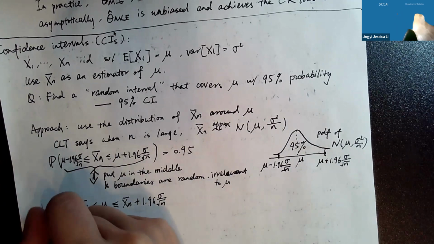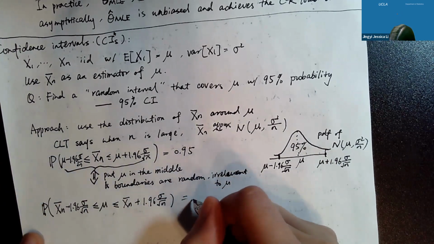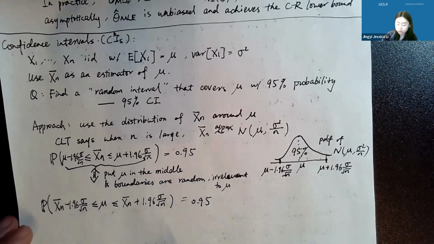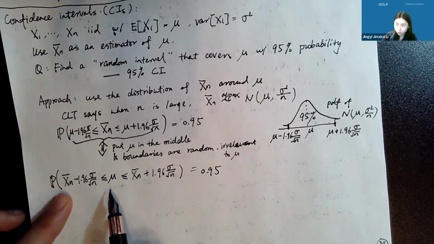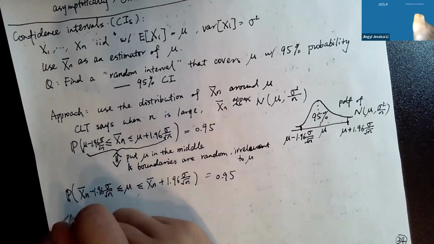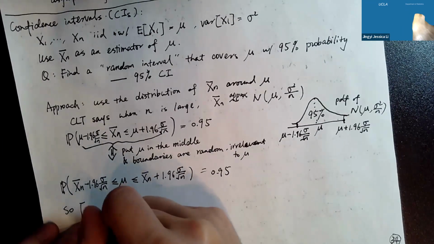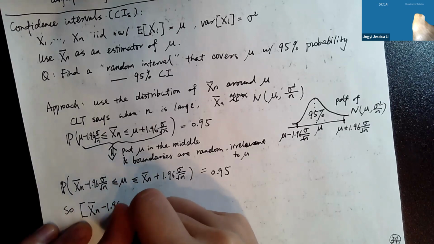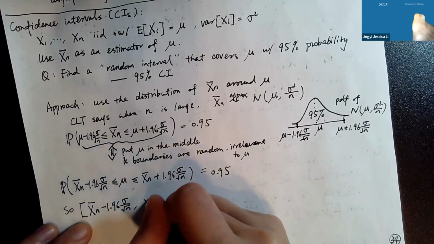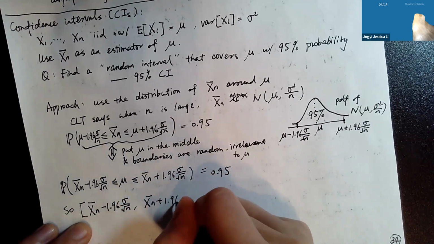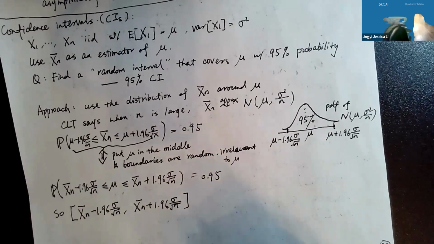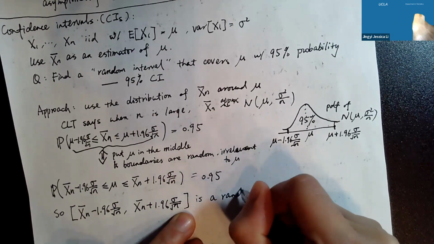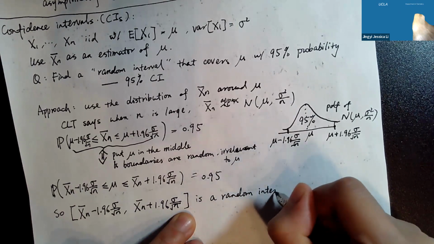So therefore, for this event, we still can say its probability is 0.95. But now you see we satisfy what we need. The interval is random and what it covers is the true parameter. So you can see that this interval, x n bar minus 1.96 sigma over root n, is a random interval.